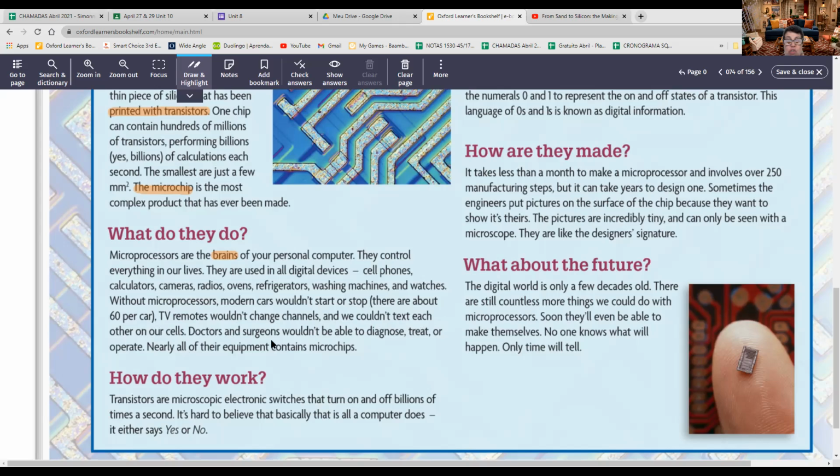Doctors and surgeons wouldn't be able to diagnose, treat, or operate. Nearly all of their equipment contains microchips.